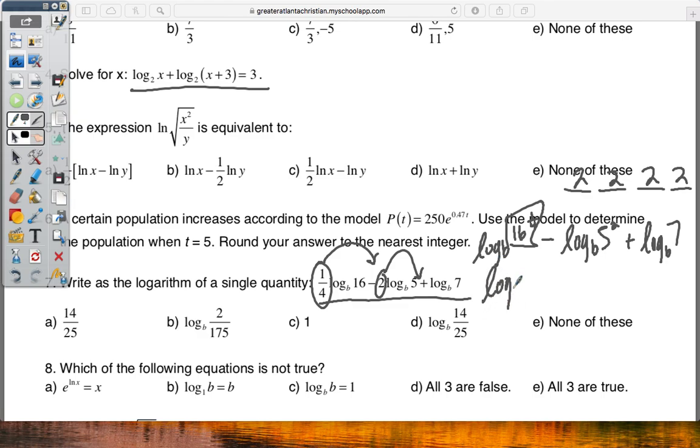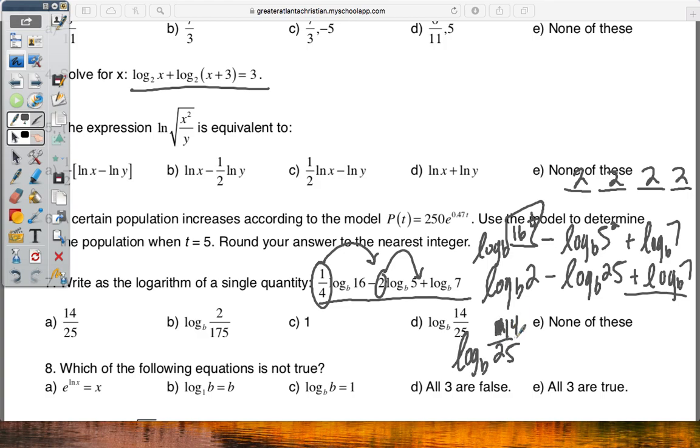So we have log base b of 2 minus log base b of 25 plus log base b of 7. Well, what do I do with these first two when we subtract? How can I condense this down further? So it'll be log b of 2 over 25, and then plus 7 means that we would multiply 7 on the top, which would be 7 times 2, which would be 14.